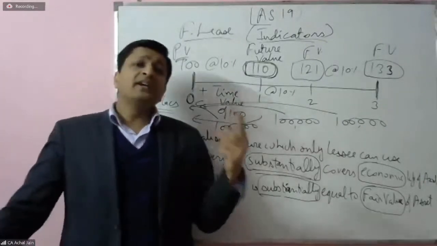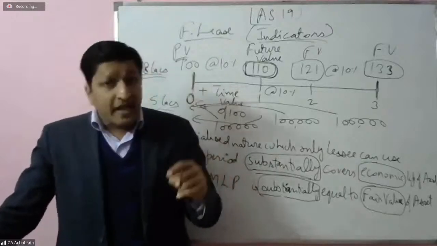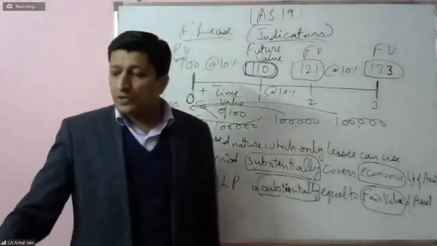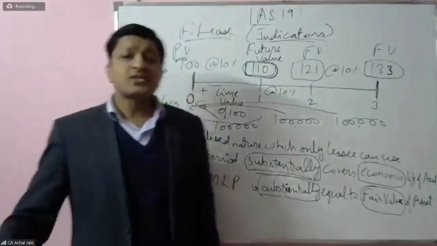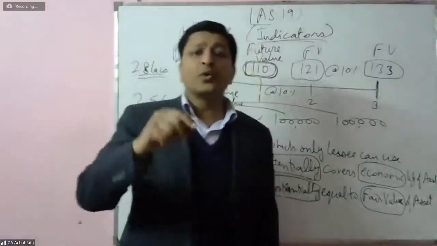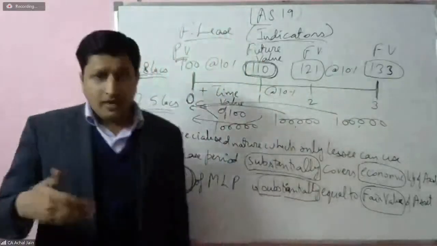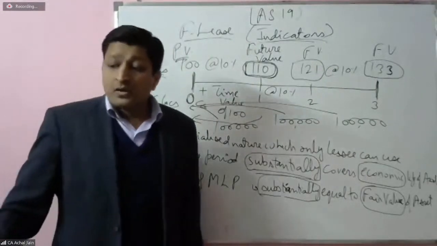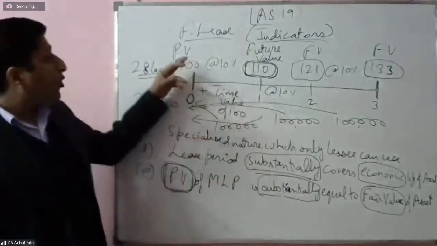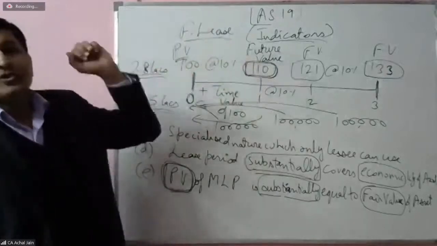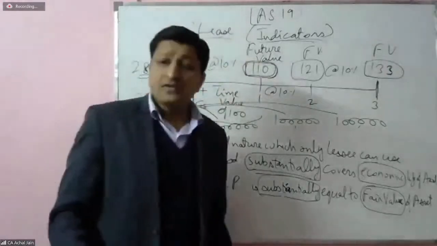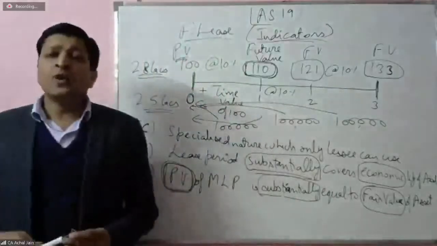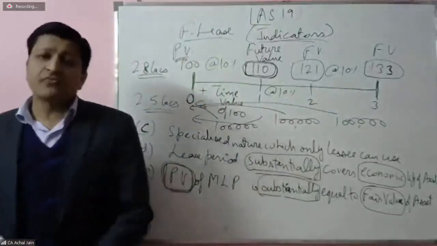Because with this, we are done on the types of leases and we will also be wrapping our session up here. In the next session, we will pick up the accounting of both these types of leases. We'll also pick up illustrations to work a bit more on present value and future value. So for the time being, you have only two things for your homework.